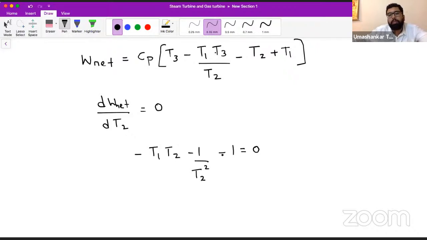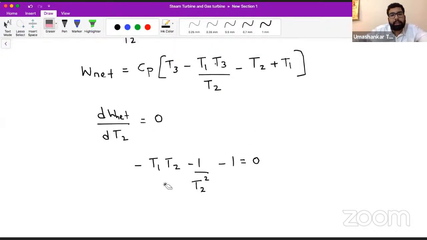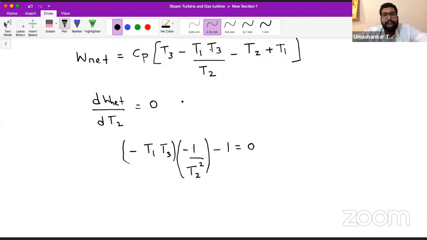The differentiation of T2 is 1. I put a bracket here and here as well. The differentiation of 1 by T2 is minus 1 by T2 square. I hope all of you know the differentiation of 1 by x.